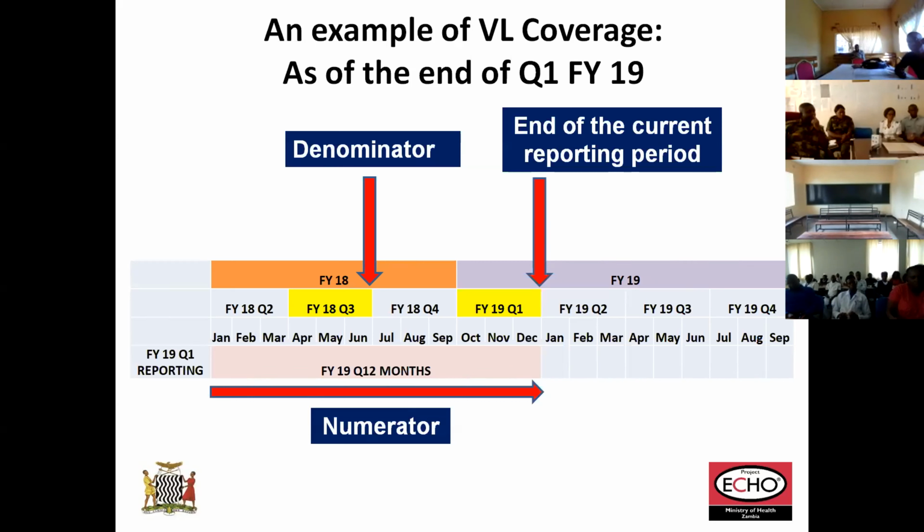So if you have, for example, 800 out of the 1,000 patients who are active on ARVs in your sites, and 800 had at least 1 viral load in the past 12 months, meaning the 12 months prior to the date where you're assessing your viral load coverage, that means you have 80% coverage of viral load routine testing at your site level.